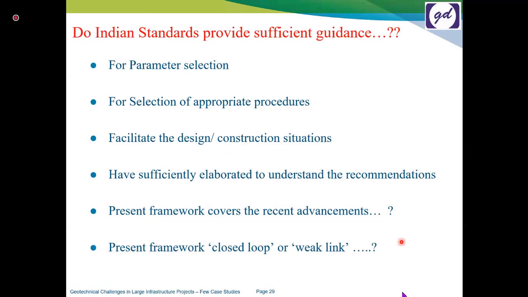And if somebody asks whether Indian standard practice will sufficiently give you guidance for parameter selection, that means from shallow investigation data, how to find the actual soil parameters which will then be used for design, then selection of appropriate procedures, then design situations, whether all design situations have been described, whether any temporary situation I need to consider while designing, whether the recommendations on loads and actions are sufficiently elaborated and understood. Does the present framework cover all the recent advancements, maybe the code is updated or not, and is the present framework a closed loop or a weak link?